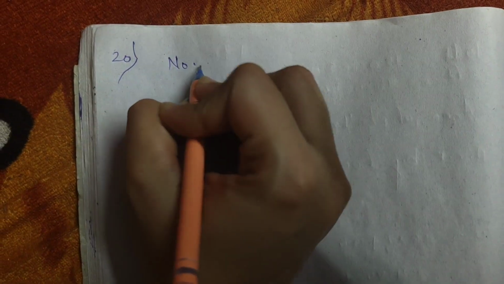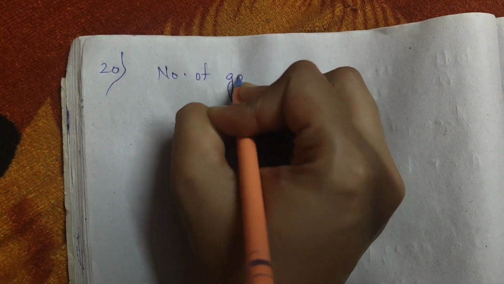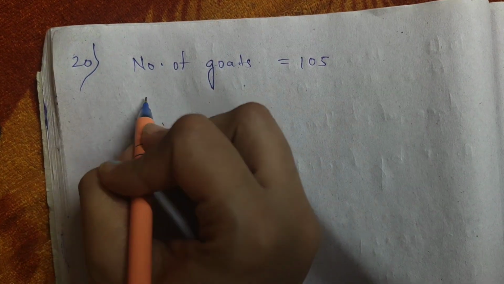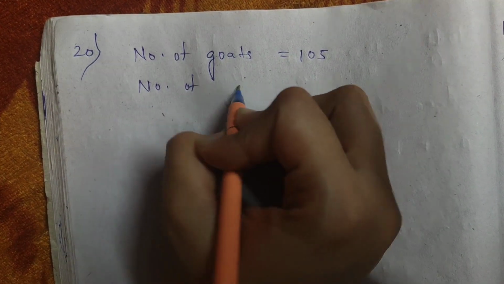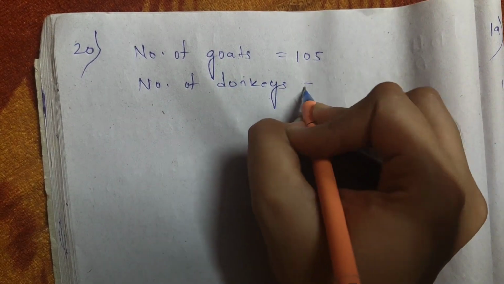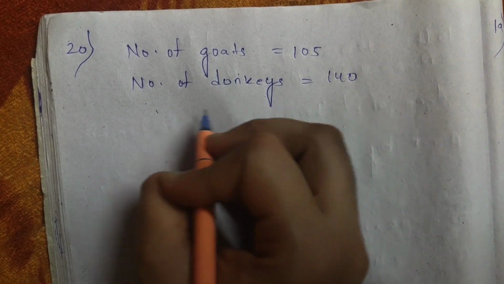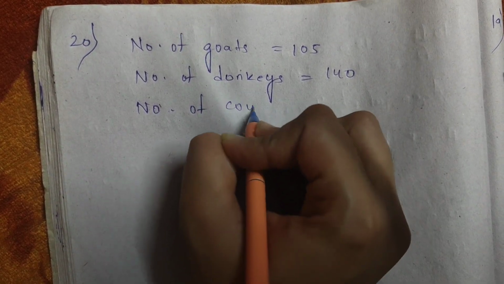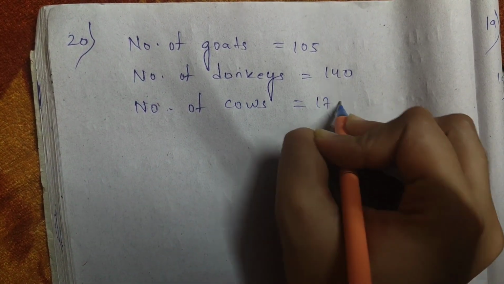Number of goats equals 105. Number of donkeys equals 140. Number of cows equals 175.